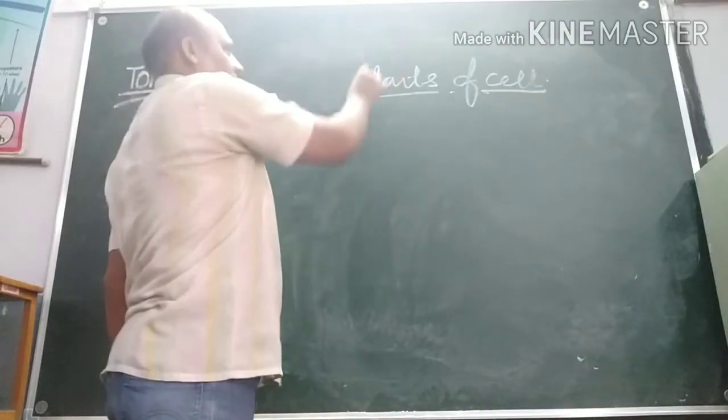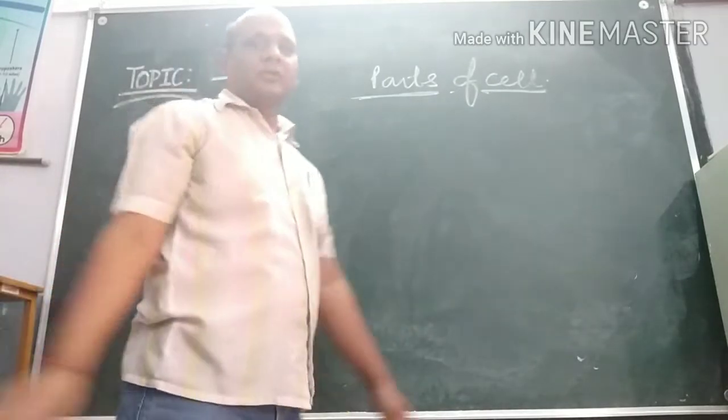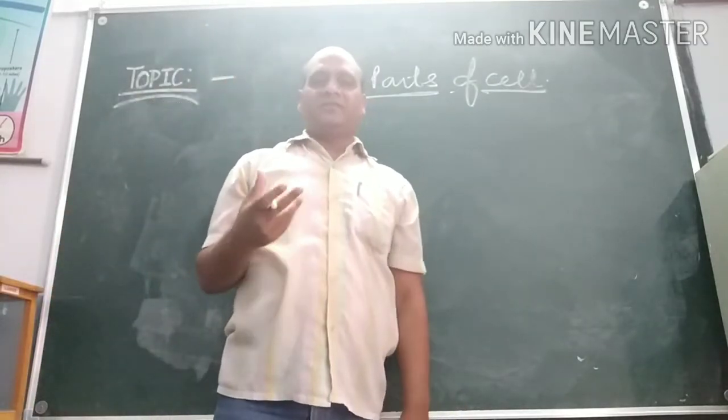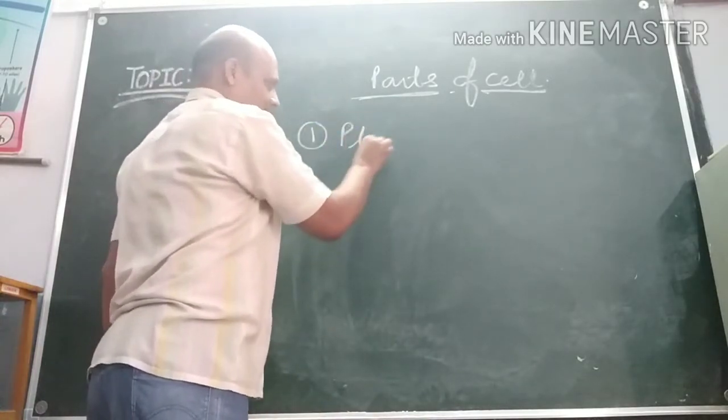Students, today we will learn about the parts of the cell. The cell is composed of, or differentiated into, various parts. Number one, plasma membrane.